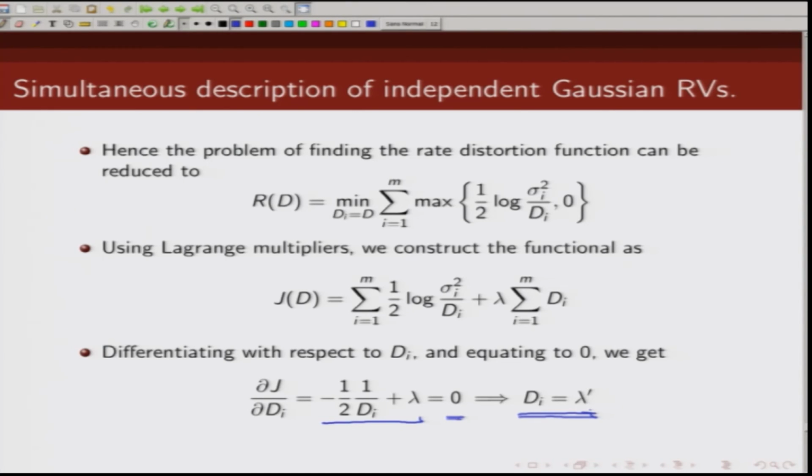This is interesting. It says that the distortion di should be the same, di equal to some constant lambda dash.